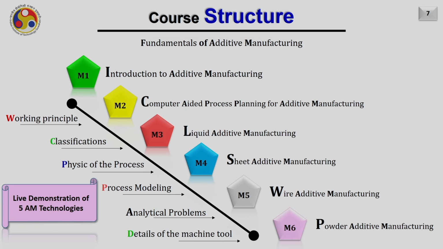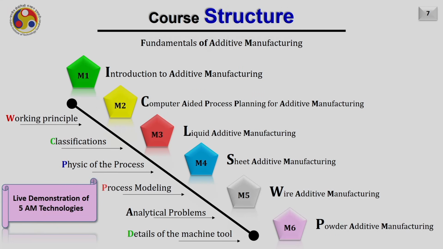This is going to be the course structure. The entire course has been divided into 6 modules. Module 1 will give you a brief introduction to additive manufacturing, where I shall discuss different classifications given by ASTM and simplified classifications such as based on raw material. Module 2 will cover a very generic topic which will be applicable to all the additive manufacturing processes, that is computer aided process planning for additive manufacturing.